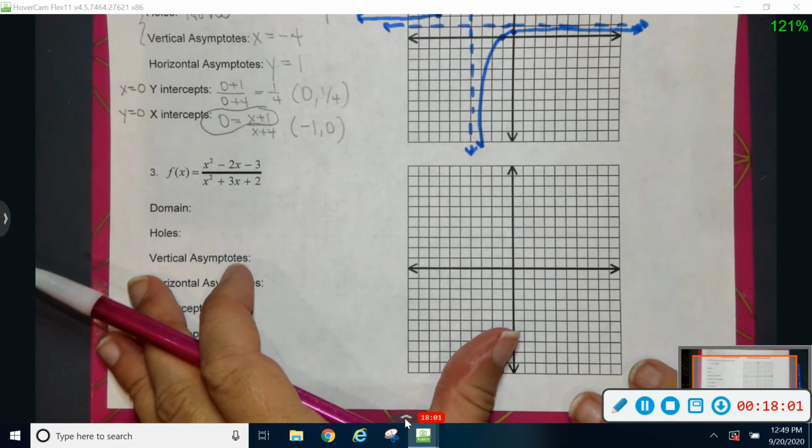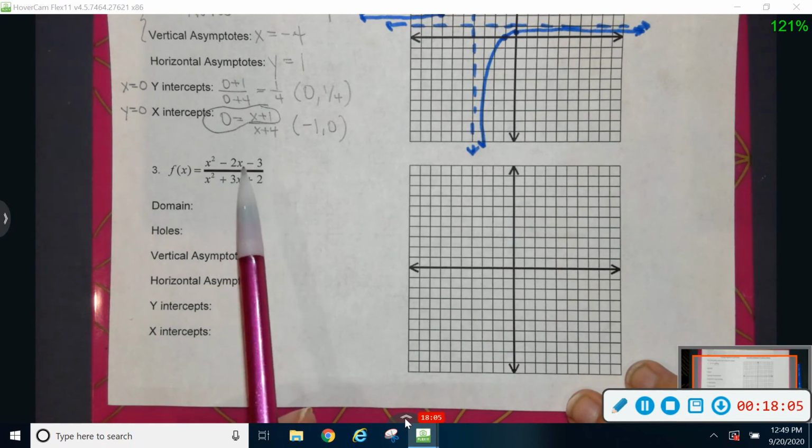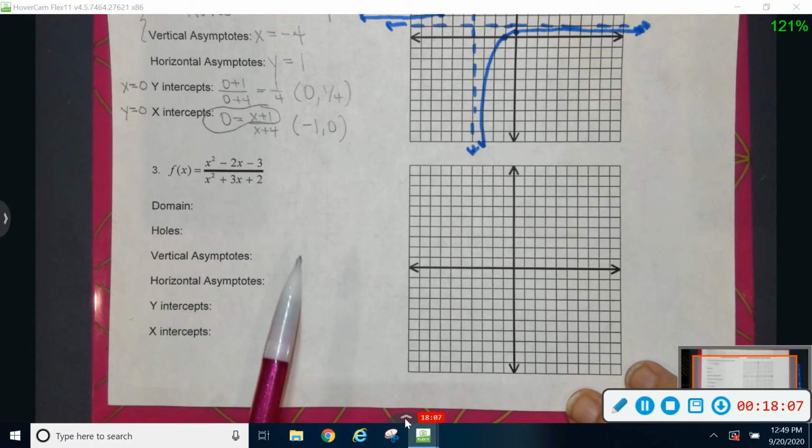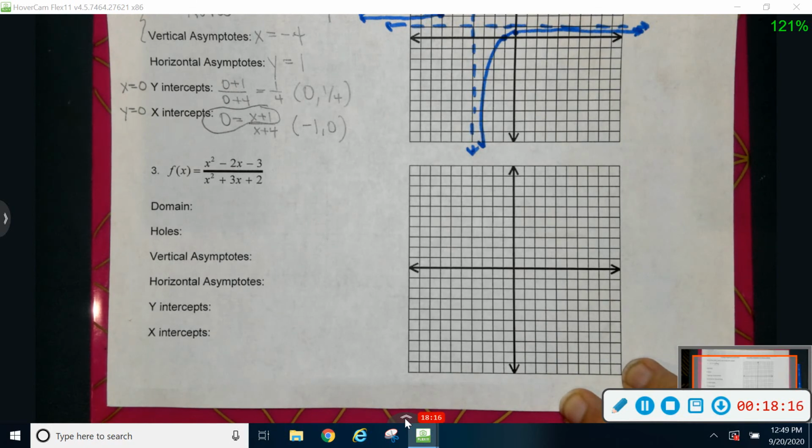All right, very last one. (x squared minus 2x minus 3) over (x squared plus 3x plus 2). A lot of what we're looking for is based upon factors. And so it's probably going to be a whole lot easier if we look at this in factored form to get our attributes of the graph rather than in the standard quadratics on top and bottom.